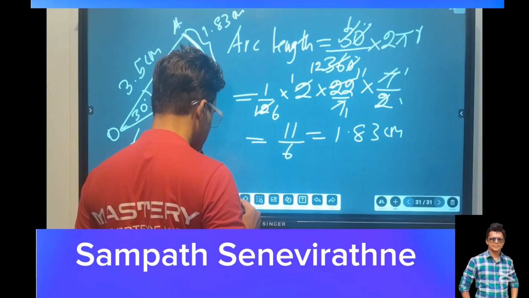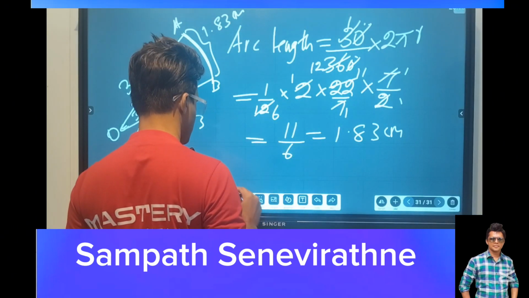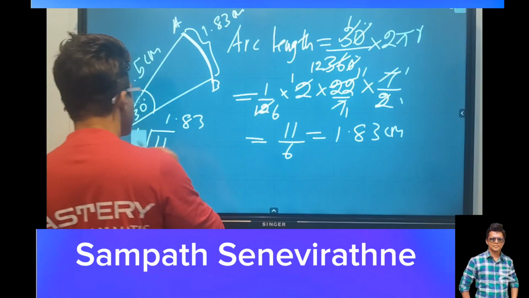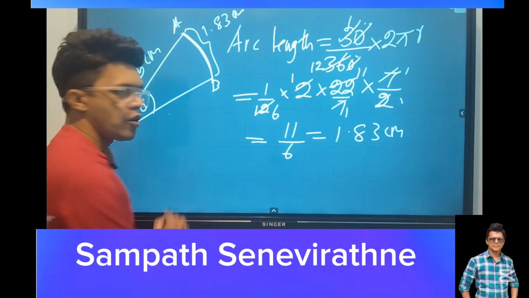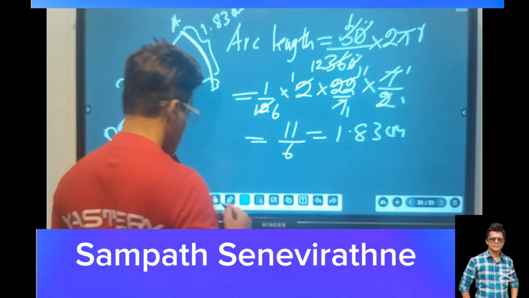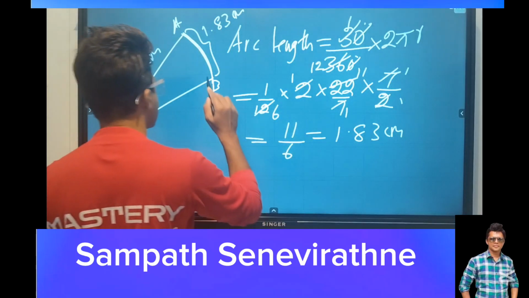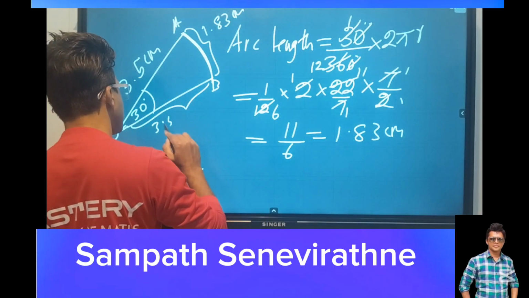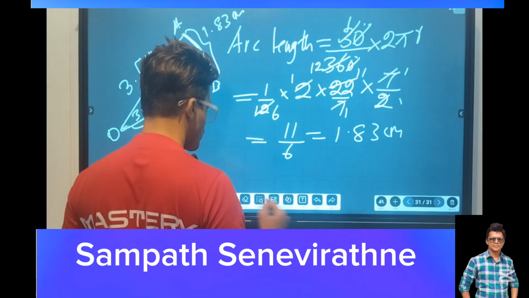Now we can get the perimeter of this sector. How do we get it? From here to here is also 3.5. We add these values.